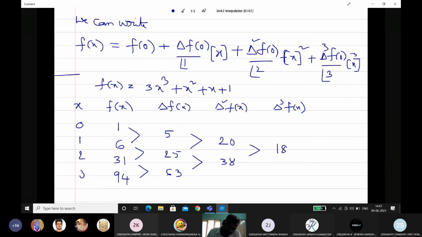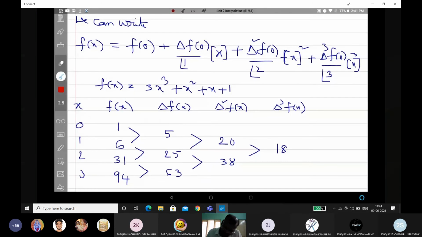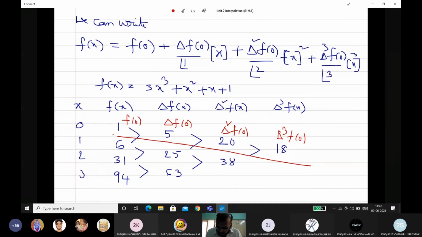This is del f of 0, this is del square f of 0, this is del cubed f of 0. This is the table. These are the values.